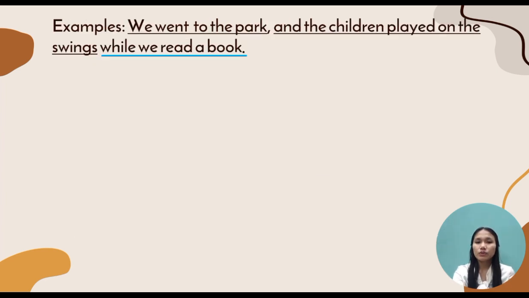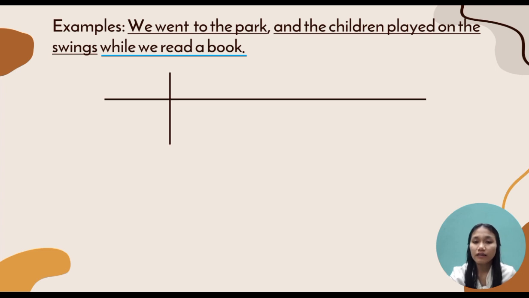An example is "We went to the park and the children played on the swings while we read a book." We went to the park is an independent clause, and the children played on the swings is another independent clause. While we read a book is our dependent clause. In diagramming this sentence, again, we are going to make use of horizontal and vertical lines. First we write our independent clause, we went to the park.